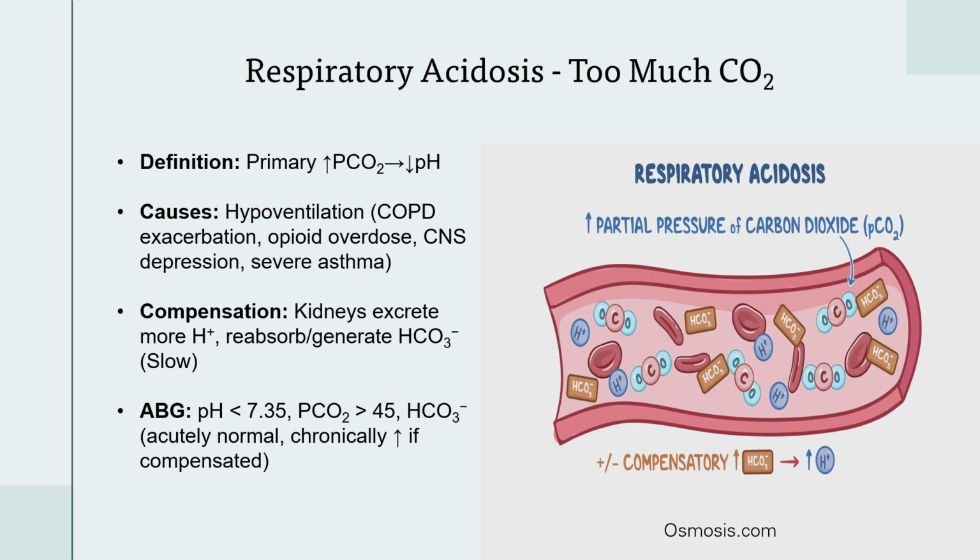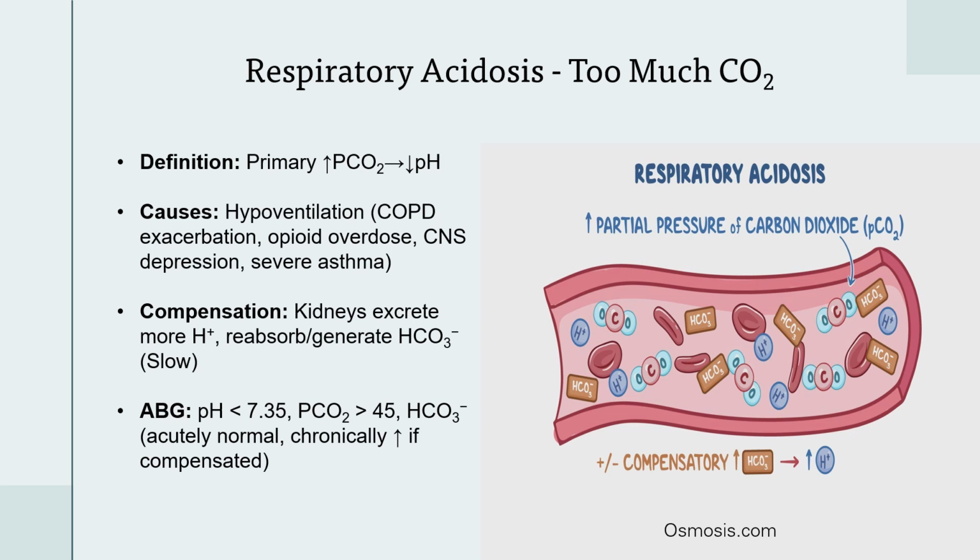You excrete the hydrogen ion as much as possible, and you don't want to overdo it, of course. Or the other thing you can do is reabsorb and generate more of the bicarbonate, and that will definitely bind to hydrogen and soak it up.